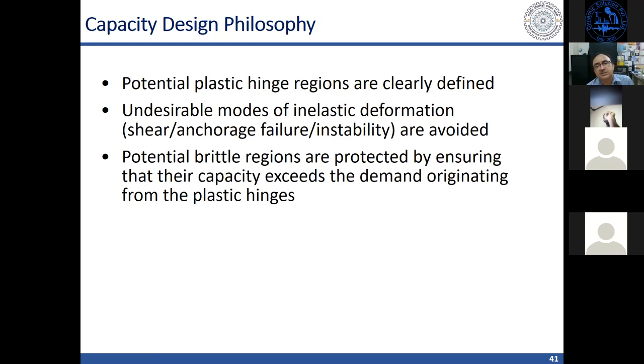In other words, whatever demand on these elements will occur when the ductile elements are yielding. So at the time of yielding of ductile elements or ductile modes, how much force will occur in these elements? That force should be used to design these brittle members.